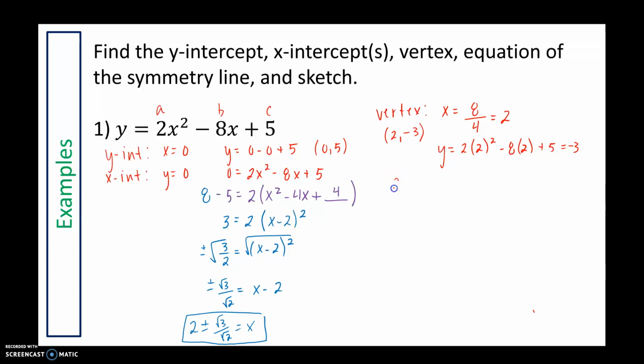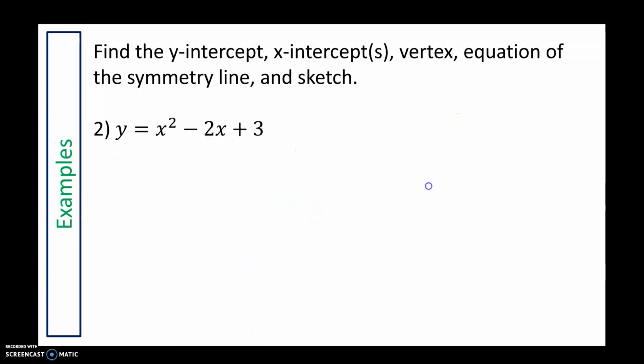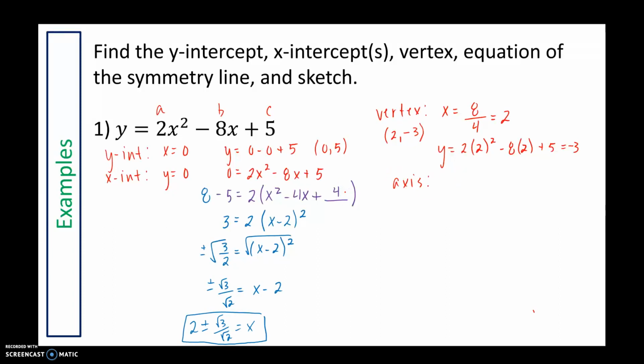My axis of symmetry, it's just the vertical line through the vertex. Okay, so it's always going to be x equals whatever the x-coordinate of the vertex is. Okay, so my graph: y-intercept at 0, 5.